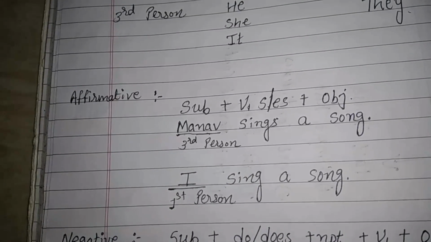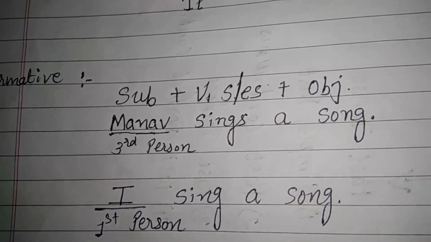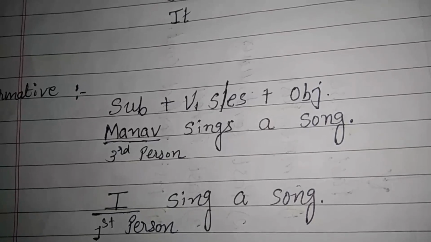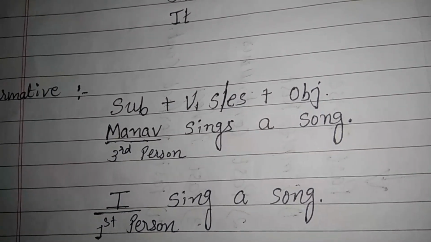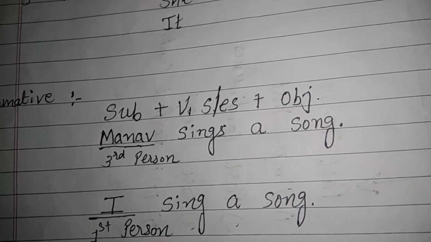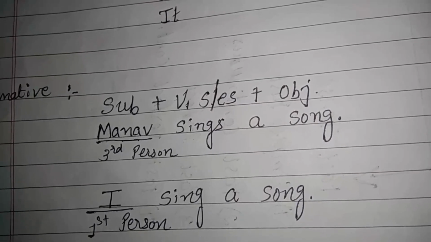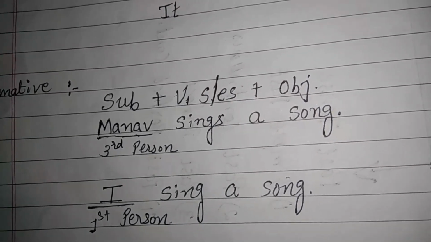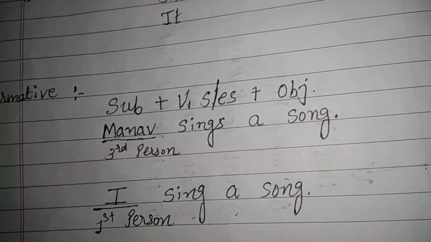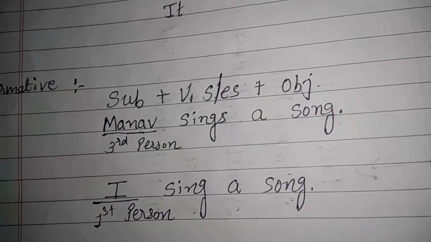First is affirmative. The format of affirmative sentences is subject plus verb 1, s or es, plus object. Now we will add s or es if the subject is third person singular. You know very well the third person singular is he, she, it, as well as any name of the person, thing or place.